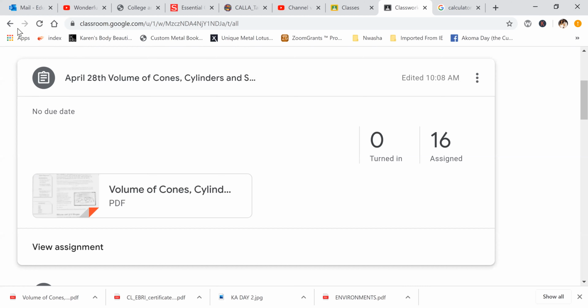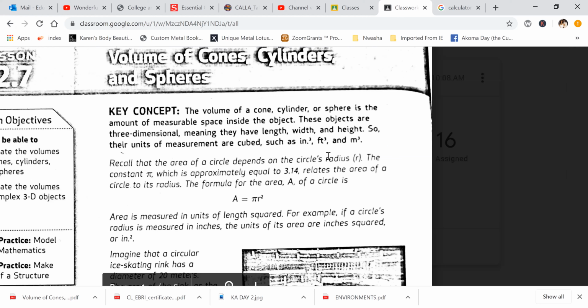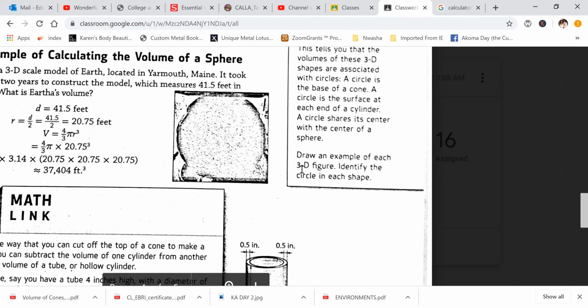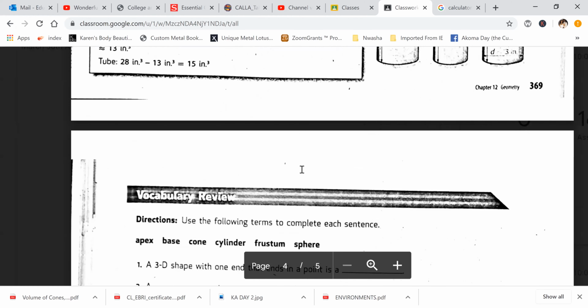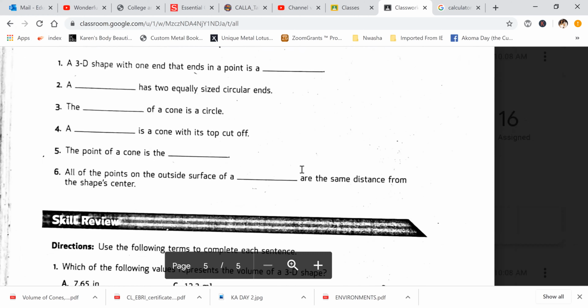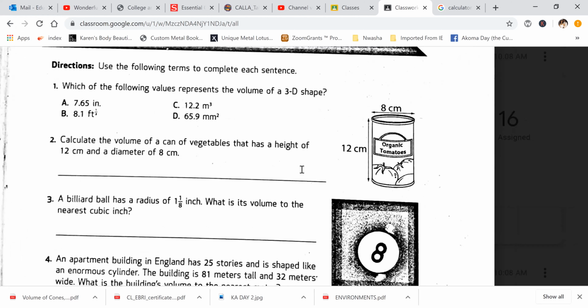So this one is the one that I put up with today's date. If you want to reread anything or print it, the last couple of questions are pretty straightforward, but we're going to go over those tomorrow in the beginning of class. I think the vocabulary is super easy because we've already talked about that. But you've got one that's multiple choice for volume.